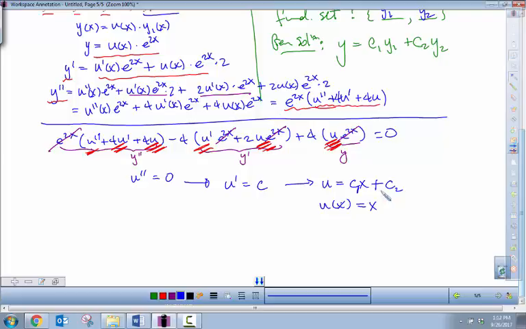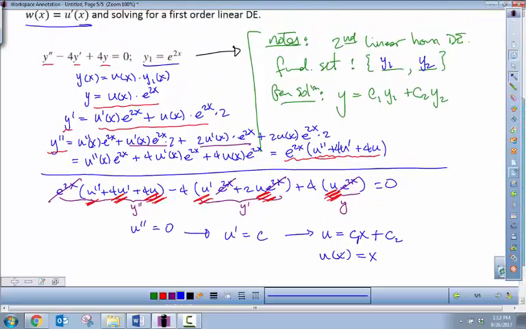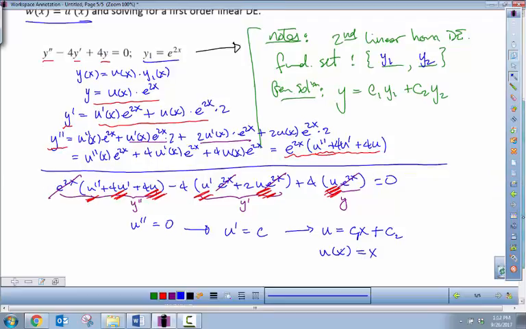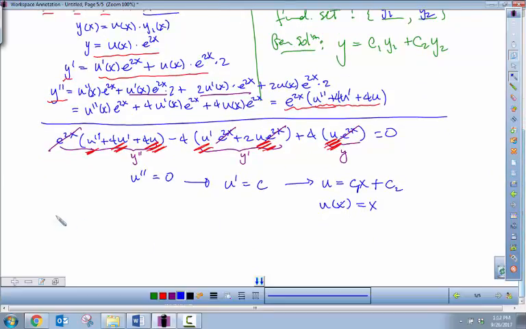Wow, does that mean this is our solution? Wait, what's our second solution again? It's the first one times this. So y2 should equal x times e to the 2x.